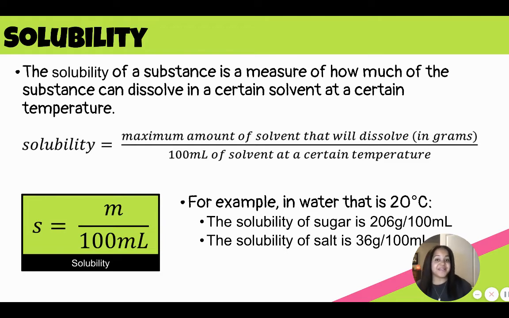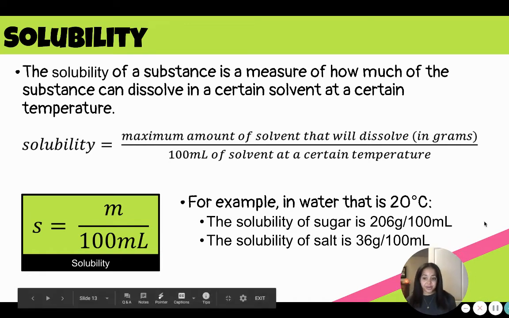The solubility of a substance is the measure of how much of the substance can dissolve in a certain solvent at a certain temperature. So as you see in our speedy experiment, the temperature of the water is definitely a variable in how fast something will dissolve. So just think of this: solubility is the maximum amount of solute that will dissolve in grams divided by 100 milliliters of that solvent at a certain temperature.